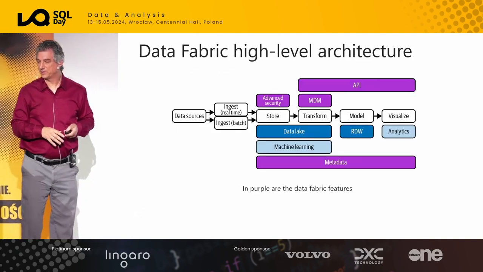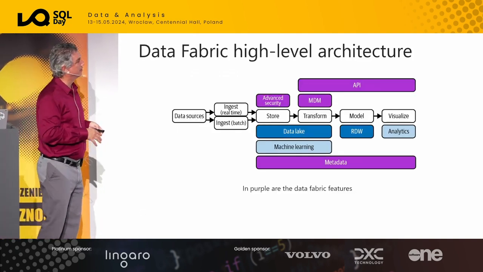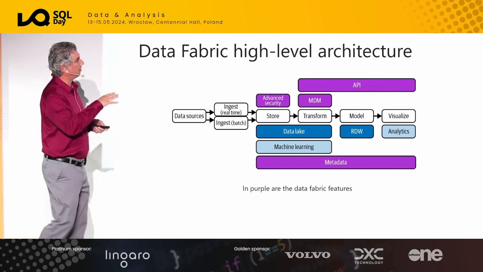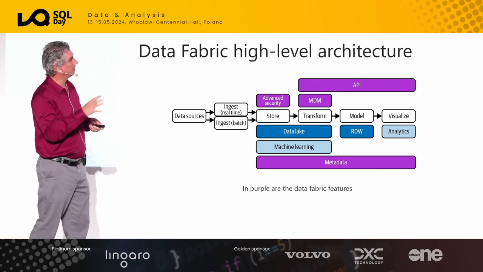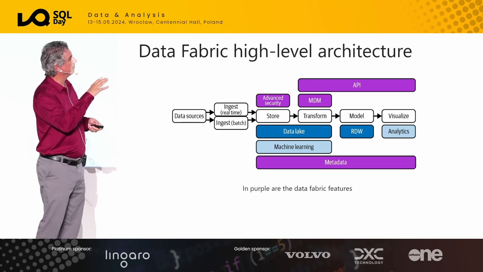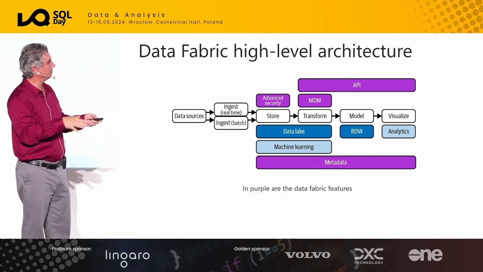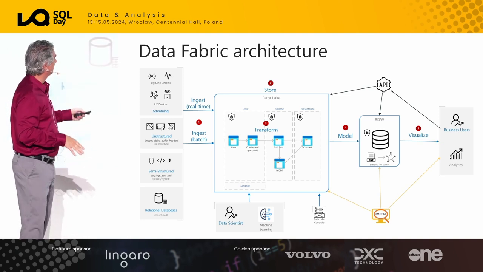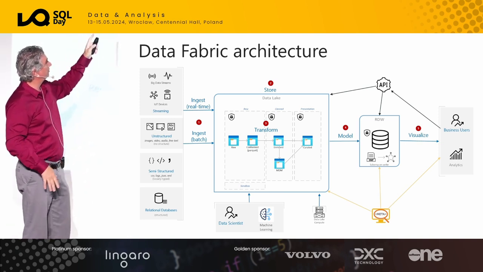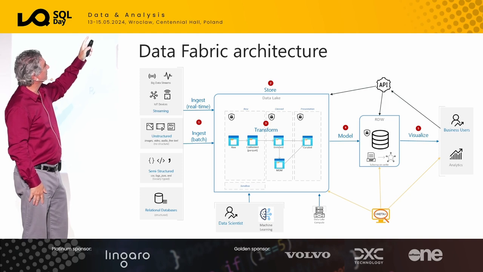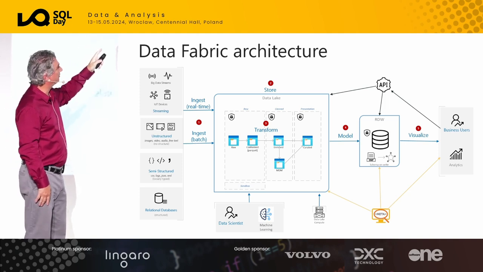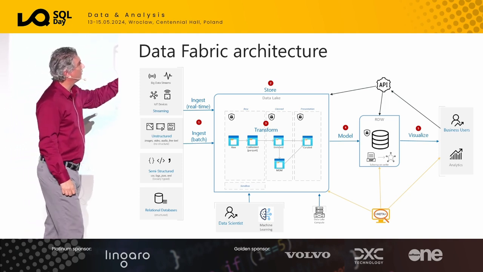If I dig into this a little bit more, the features in purple are what I have above what an MDW has. So we have the metadata, MDM, event security, and APIs. And if we dig a little deeper into what that looks like, you can see now I have ingestion piece in here for real time, in addition to batch. I have more security over my data lake.